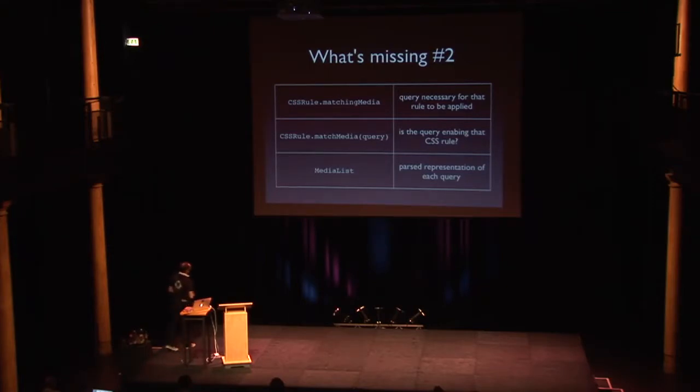And the last one is media list. We don't have a parsed representation of the media query. When you have a media query like screen and orientation landscape and min width is and max height is, if you want to deal with it, if you want to tweak it programmatically, you have to reparse it. It's not parsed. You have no internal representation of it.